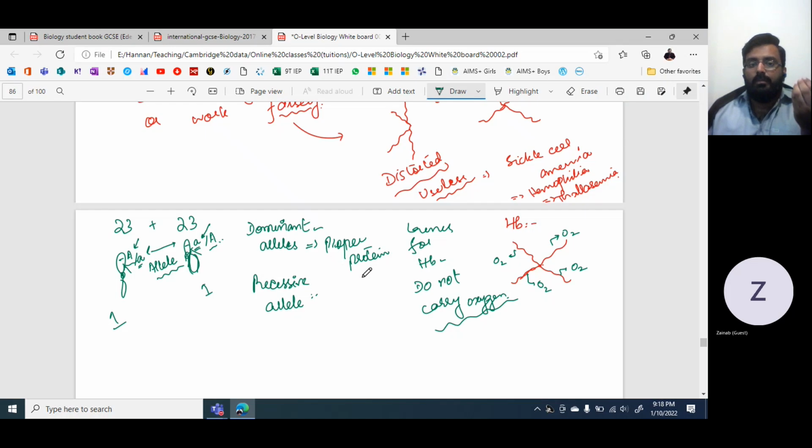So that allele would be called a dominant allele, and the other one that is not creating a proper protein, that would be called the recessive allele, an improper protein. Now we have the concept of dominant and recessive alleles.